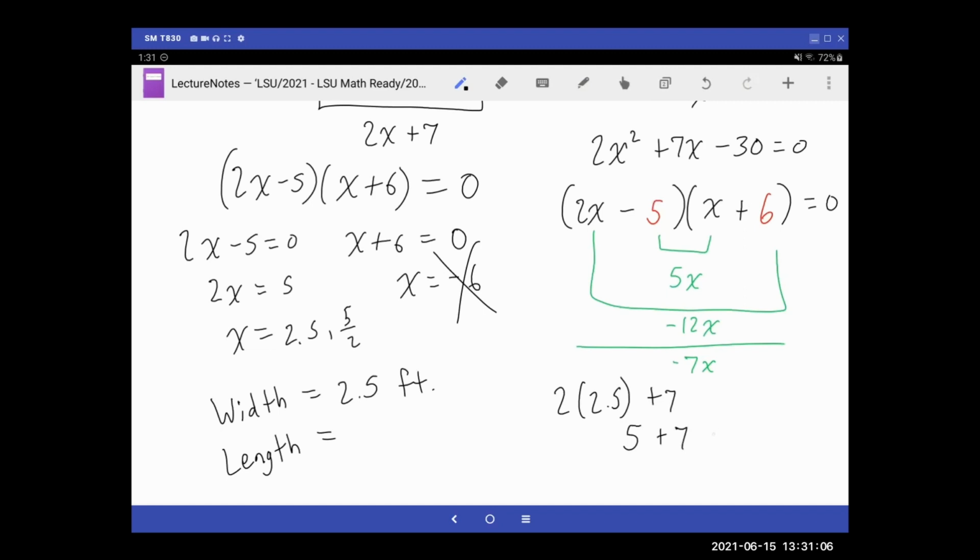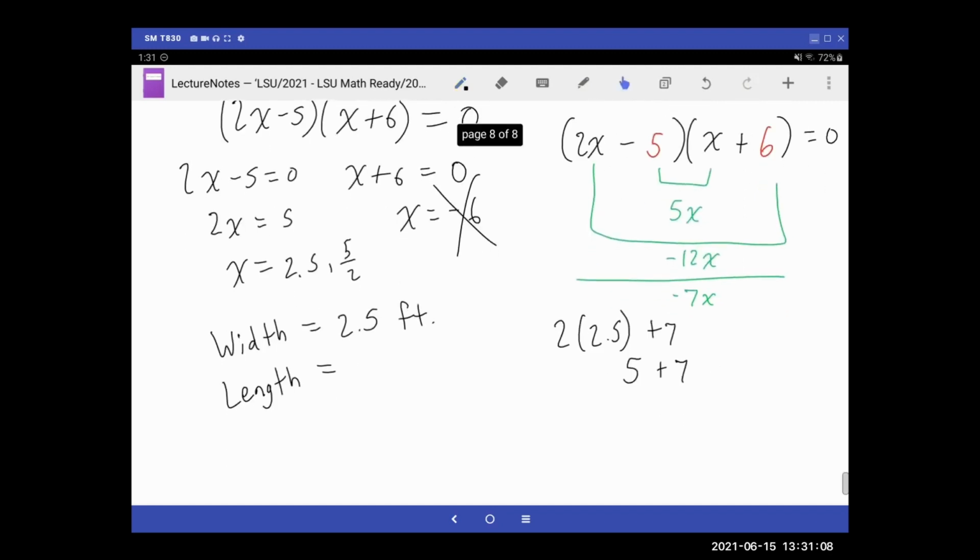That's 12. Okay, and so if you look at the problem, you do want to make sure that everything you just said makes sense, right? Like you want to make sure that if I found the area and I multiply 2.5 times 12, I'd multiply that out, it comes out to 30. Okay, what I have makes sense.